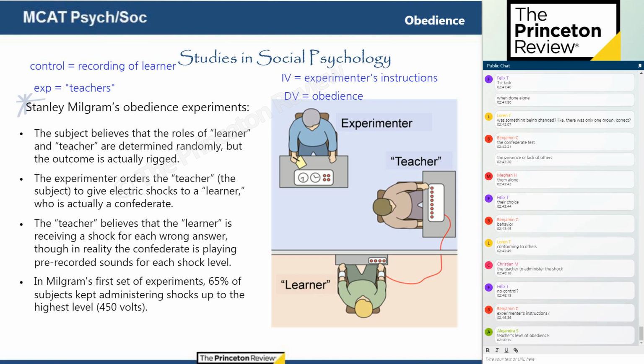Milgram did this study because he was very troubled about what had happened in Nazi Germany, and how did these horrible, horrible things occur? Surely these people were some kind of sociopaths. And he found, nope, 65% of the people that thought they were in the presence of an authority figure did what the authority figure told them to do, even though it was potentially harmful to another human being.